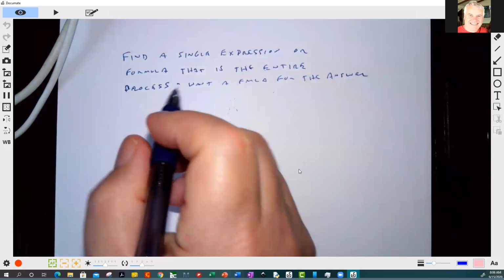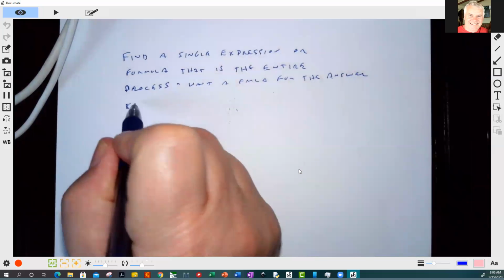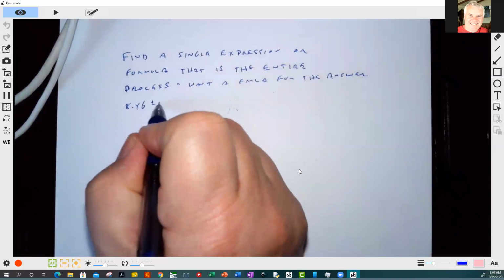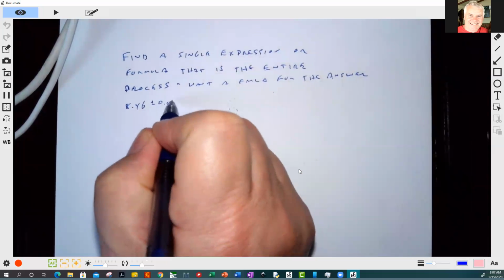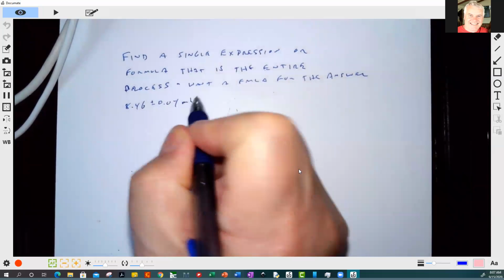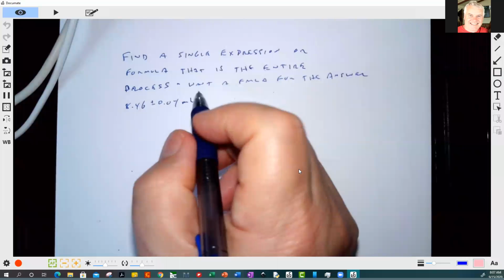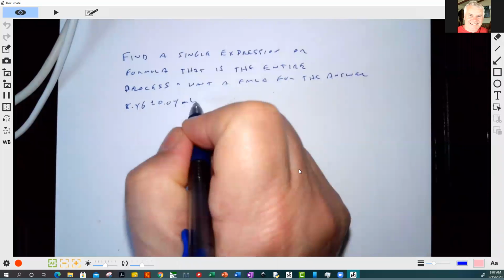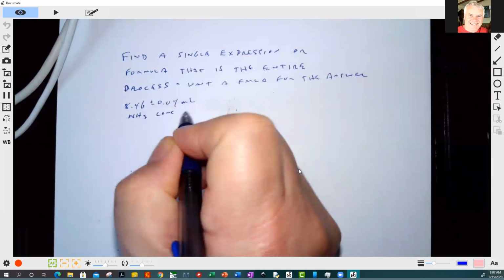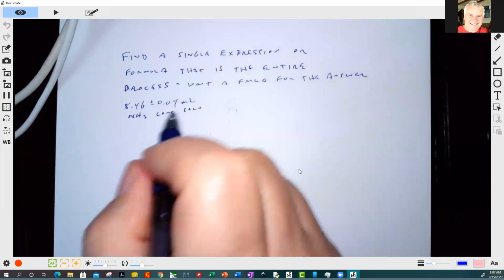Okay. That is 8.46 plus or minus 0.04 milliliters of NH3 concentrated solution. Okay.